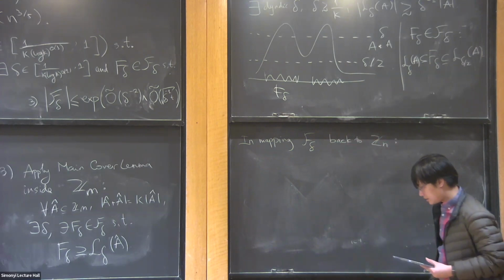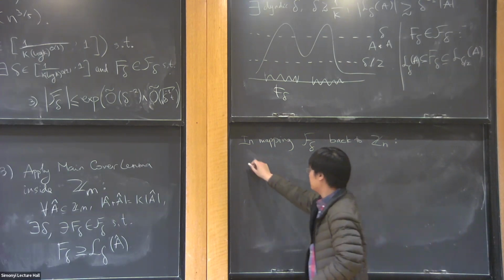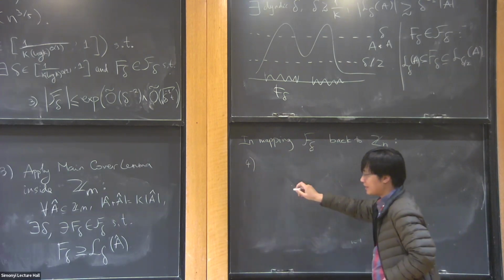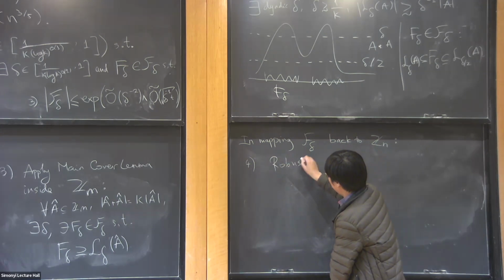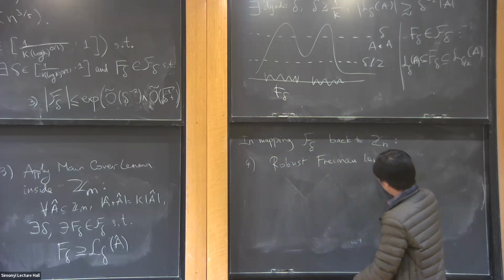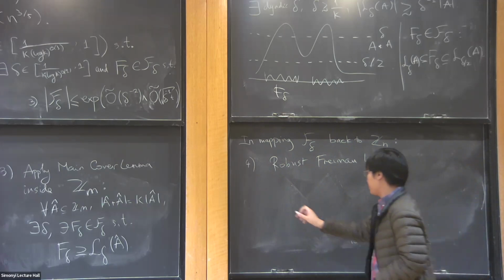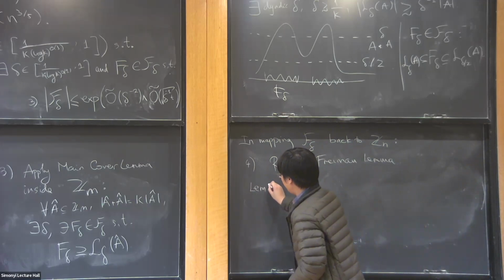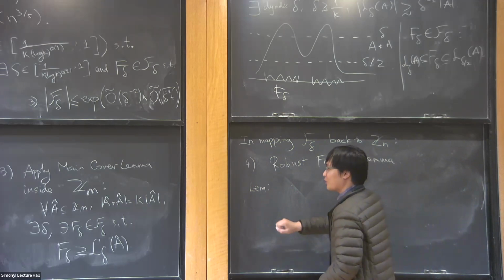it turns out that the key ingredient that one would need is the following result that's completely inside additive combinatorics. So let me call it a robust Freiman lemma. Okay, so say it this way. The first version that I will state is the following.